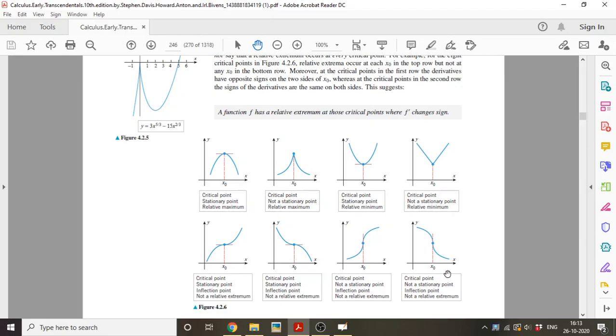Similarly at this point, it is a critical point but the slope is not defined, so you have no relative extrema. So these are all examples of curves where you are getting critical points, but the critical points need not always give a relative maximum or relative minimum.